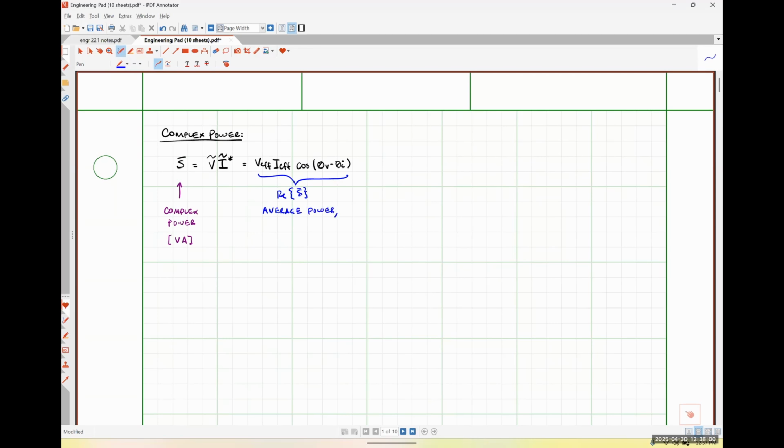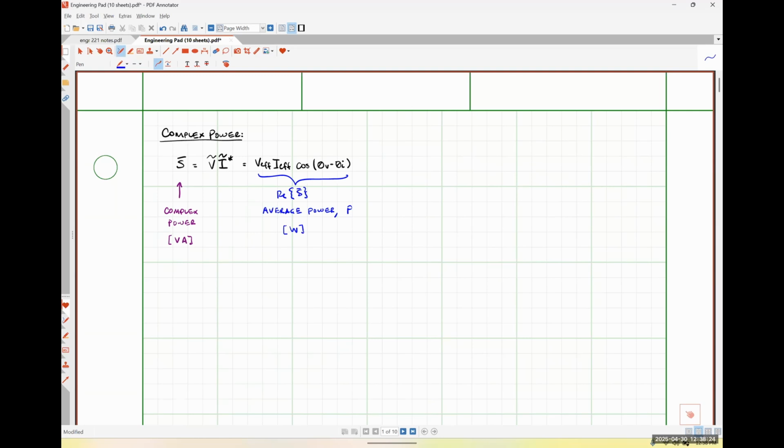And the symbol for the average power is typically just the letter capital P. You may sometimes see the subscript AVG for P average, but I'm just going to leave it alone as P like this. And average power, like we've dealt with for power all along until today, is measured in watts.